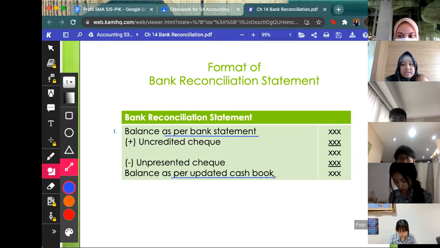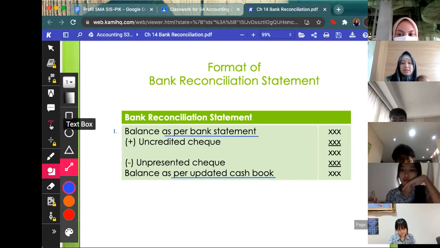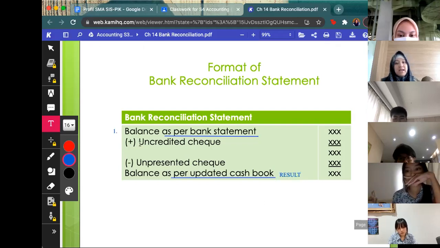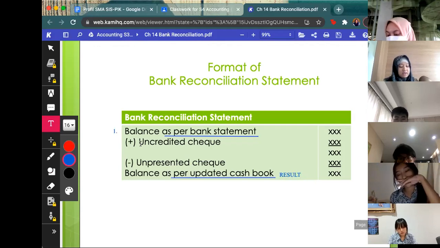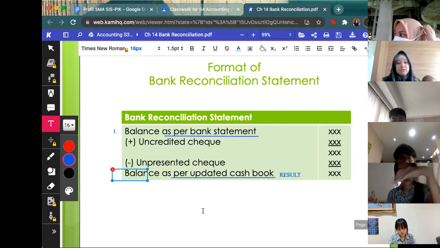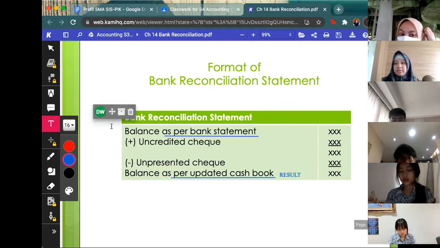So balance as per bank statement means that you will take this balance from the bank statement. Balance as per updated cash book is the result of the calculation here. Clear, yeah? So you will add the uncredited cheque, and you have to analyze that, and then you will deduct the unpresented cheque, and at the end you will get the result. So far, any question? Clear now?